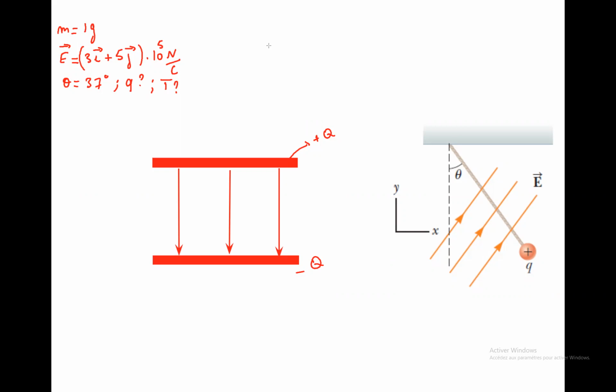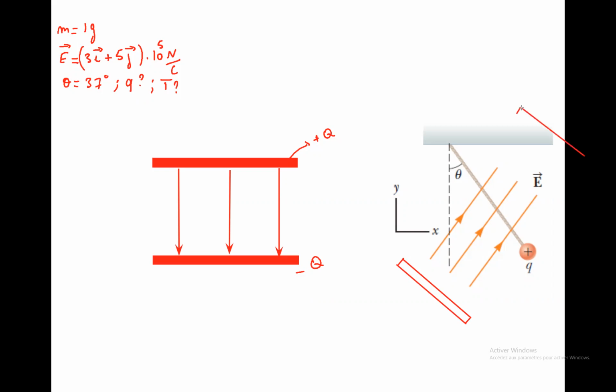So in this case, if we have the field in this direction, we have two plates, like this, one plate here and one plate here.